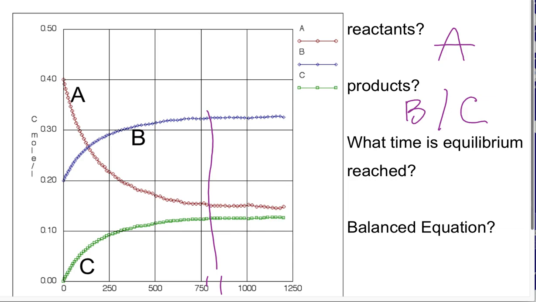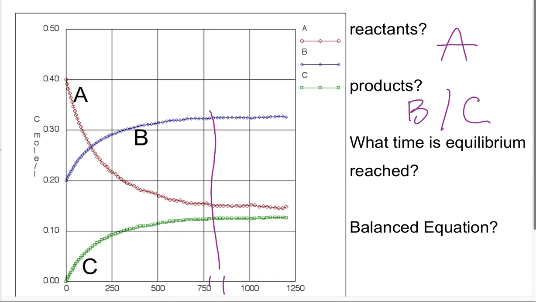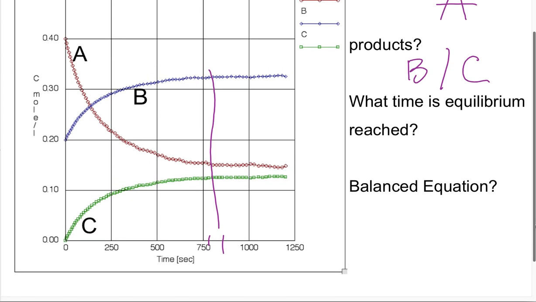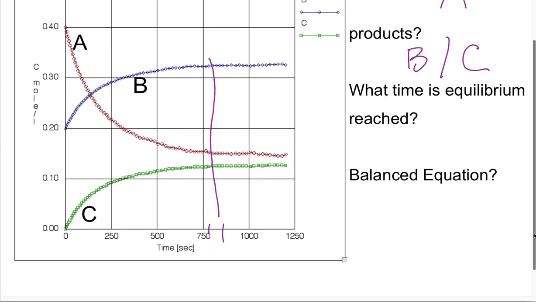So now we have to do a balanced equation, and this is what I love because it's utilizing specifically stuff you learned in the last unit by looking at rate of decrease and rate of increase. When I do these problems, I like to pick just the first block of time, from 0 to 250. Looking at that first block of time, don't even worry about the values. I just count blocks on the graph. A decreases about 2 blocks, about 0.2 molar. How much does B increase?